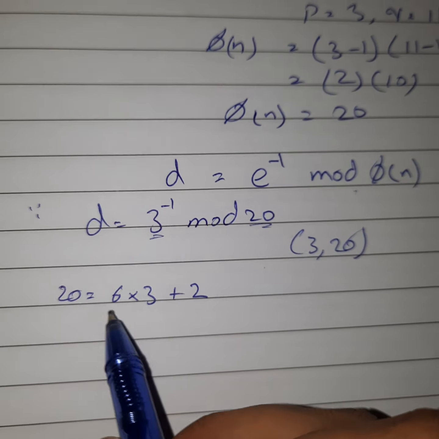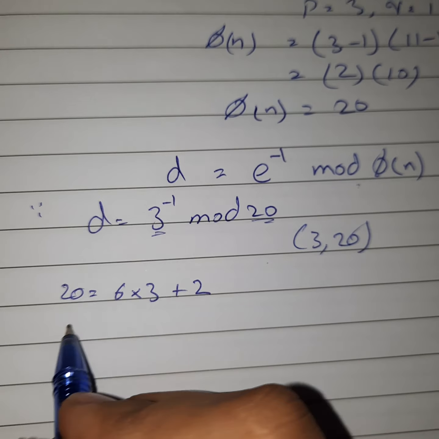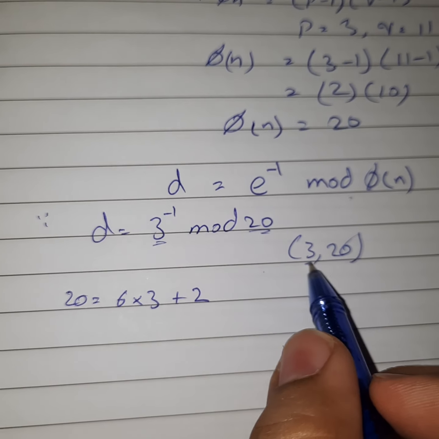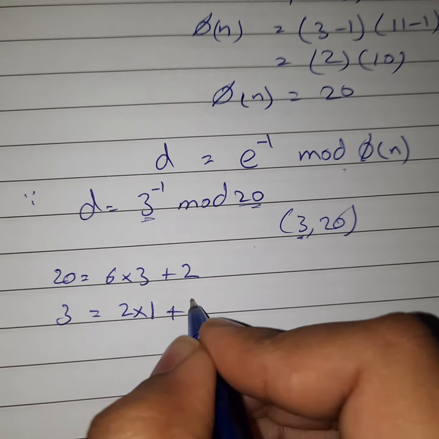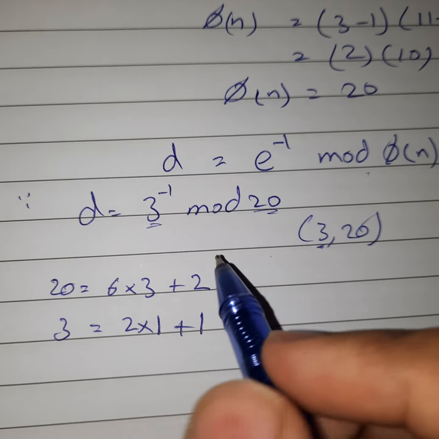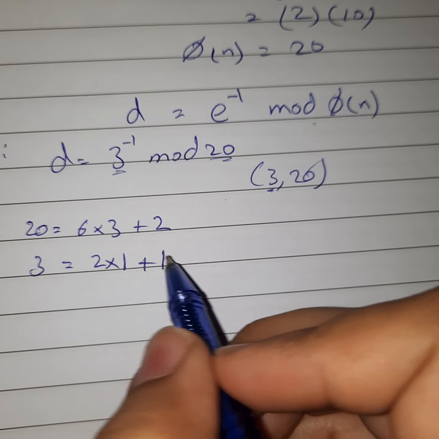We'll break 20 as 6 into 3 plus 2, 6 3s are 18, 18 plus 2 is 20, and then we will break 3 as well. So 3 is equal to 2 into 1 plus 1. This is the extended Euclidean method. Now we will take the inverse of these.